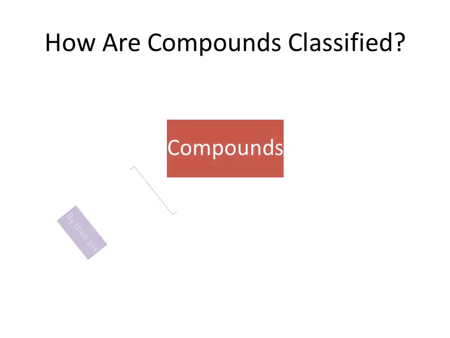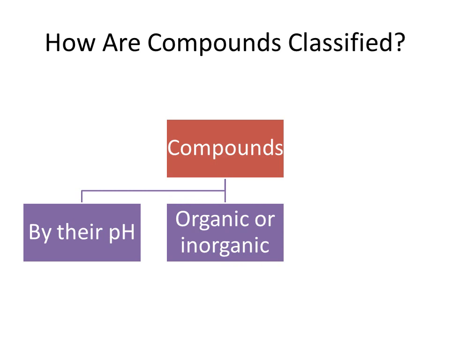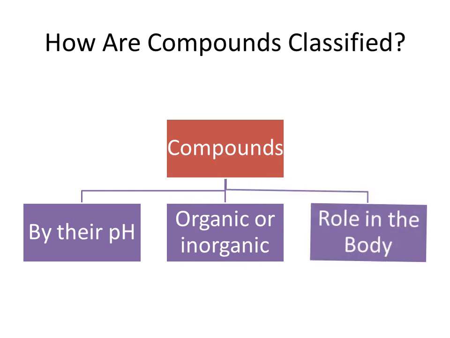Compounds are classified by their pH, we will explain it later, by being organic or inorganic, and by their role in the body. We will study each one alone by a slide, so stay with me.